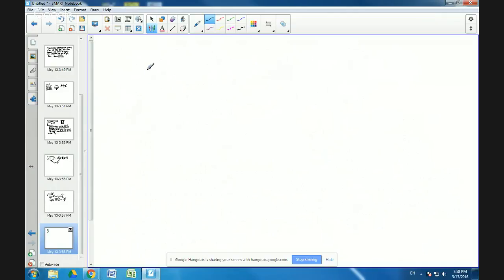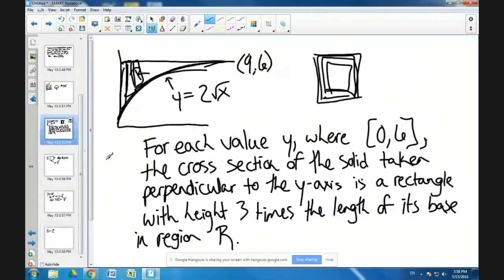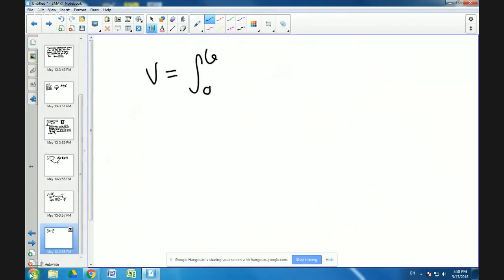So your volume equals the integral from 0 to 6, because in our picture you can see down here you have from 0 up to 6, so there are our limits, that's how far we're going. 0 to 6.